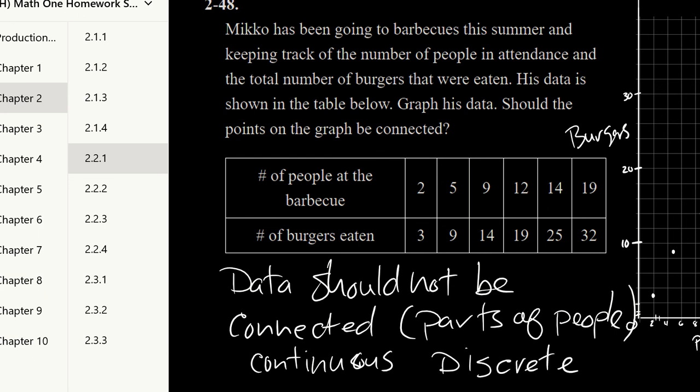So in a continuous situation, we could connect the dots, and that would be like we could talk about volumes of water and things like that. Discrete: people, buses. We don't talk about taking 1.2 buses. Anyways, let's move on.